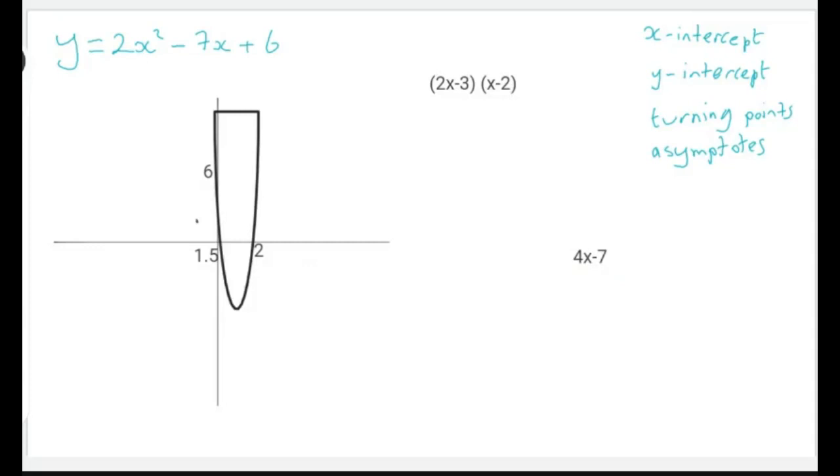So there you're differentiating to get 4x minus 7. Okay, so you make it equal to 0 and then you solve for x to be 1.75.